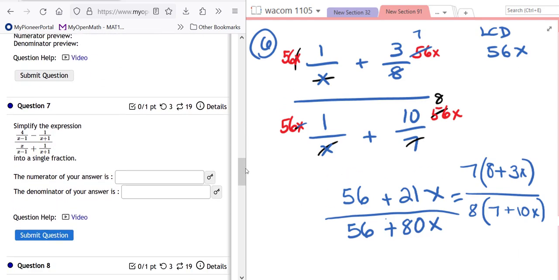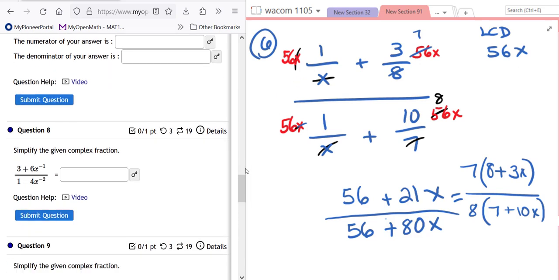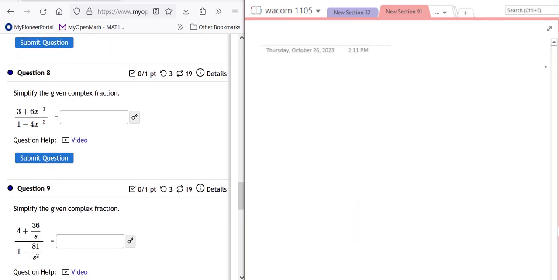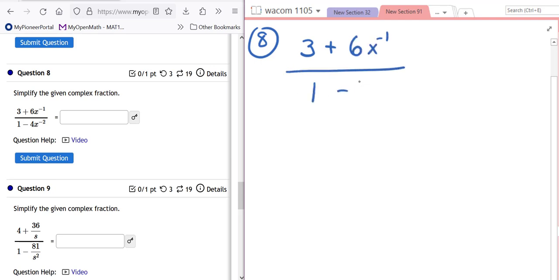Right, that one is going to be the most work of all, so I'm going to leave it and see if I can do maybe one more. Yeah, let's do number 8. That one might bother you guys. So 3 plus 6x to the negative 1 over 1 minus 4x to the negative 2. Right? This piece, you're going to move this and make a denominator.